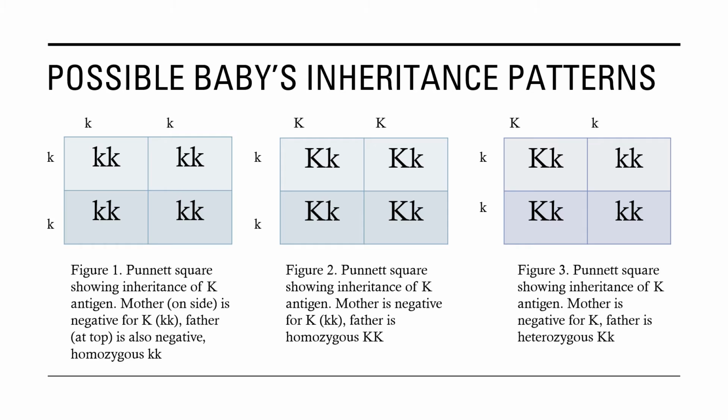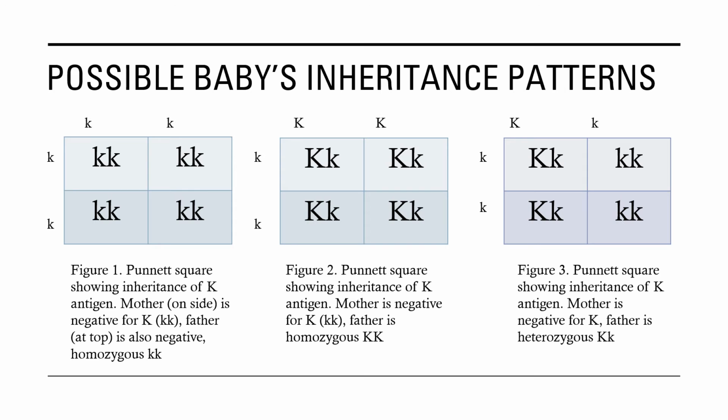To confirm that the baby possesses the antigen that the mother lacks, and the possible patterns of inheritance, a simple Punnett square with the mom's and dad's possible alleles is done. We already know that the mother is homozygous little k, and the father can be negative, homozygous little k, like in figure 1.